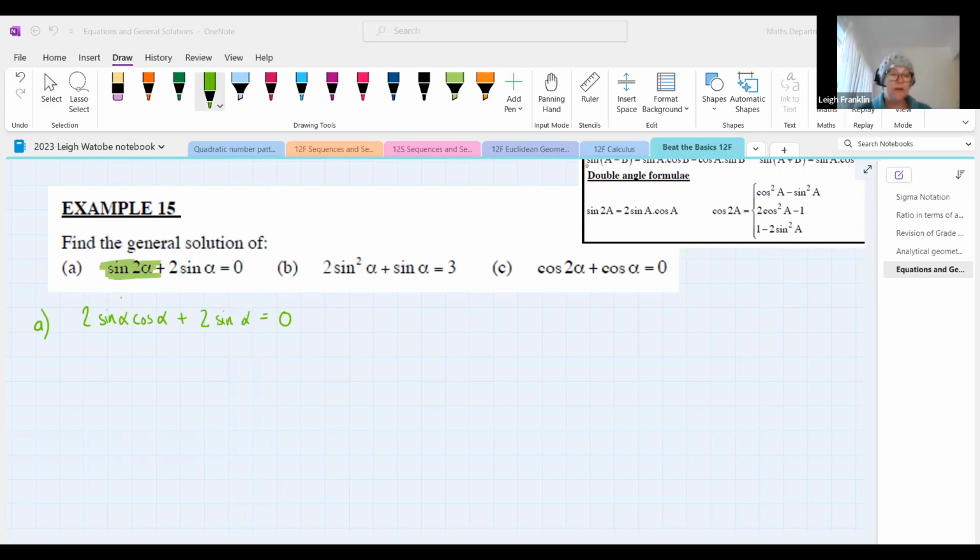So we've expanded it. Now what are we going to do? What's the next step, do you think? That's it, and factorize. How are you going to factorize? What are your factors going to be?